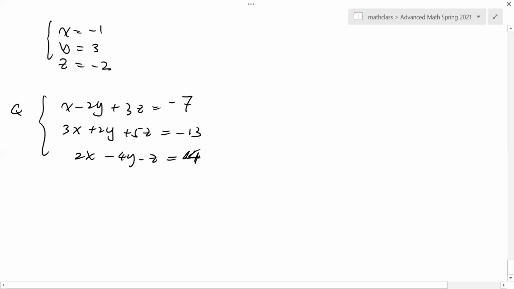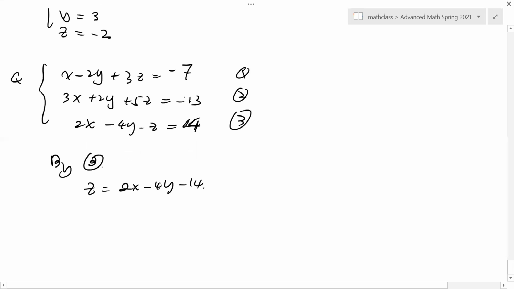You can use any of the equations: equation 1, equation 2, equation 3. I think I can solve for x in the first equation. Or if you don't like z, you can use the third equation. So from the third equation, z equals 2x minus 4y minus 14, right? And then in equation 1 and equation 2, you replace z.